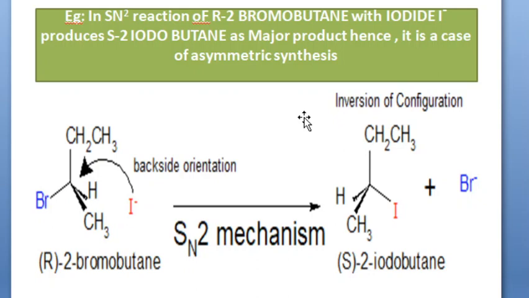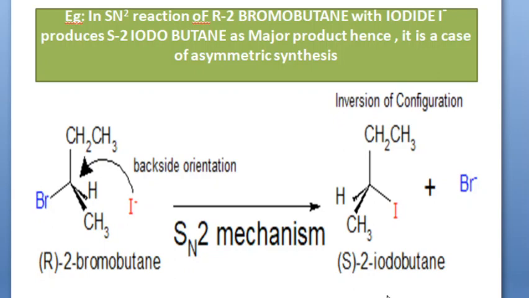If inversion in configuration is there, then you can say that the orientation of the incoming nucleophile is backside. And here also you got one of the isomers in major proportion. If one of the isomers is obtained in major proportion in any chemical reaction, then such reactions are asymmetric synthesis reactions.